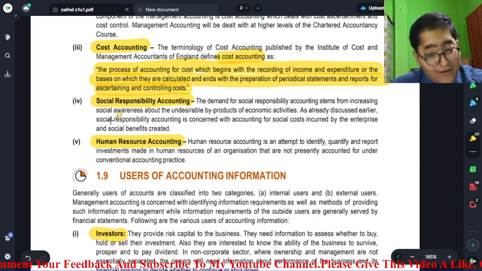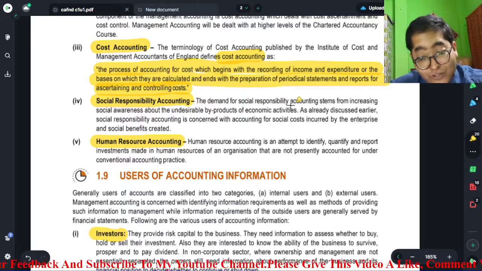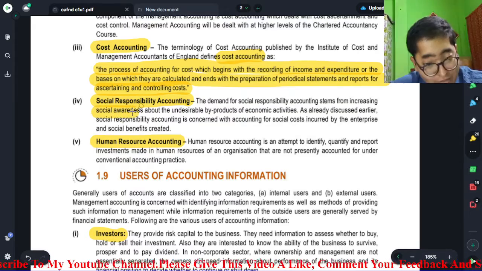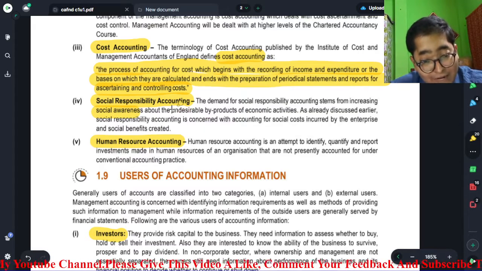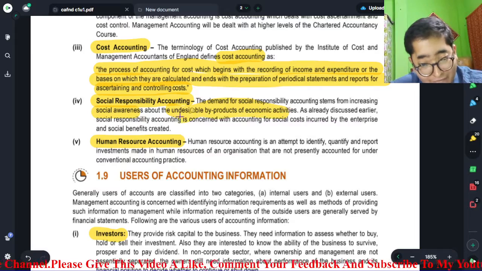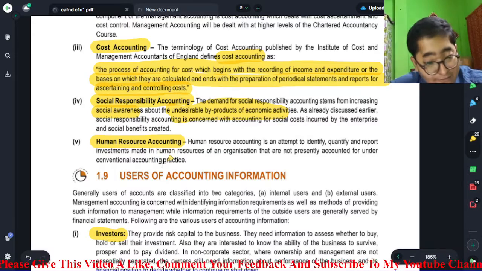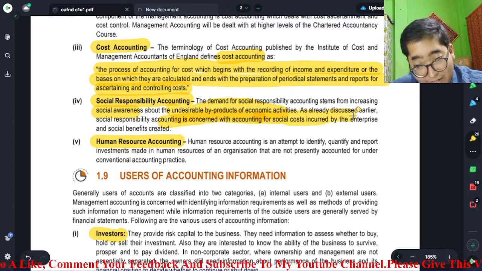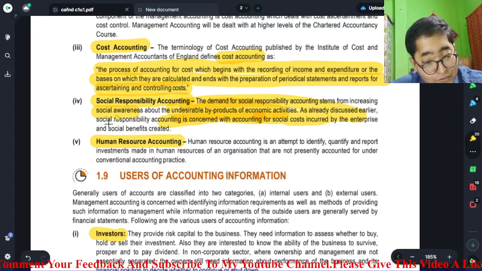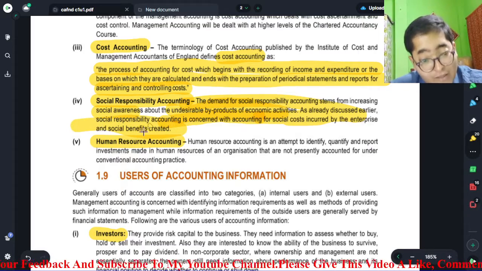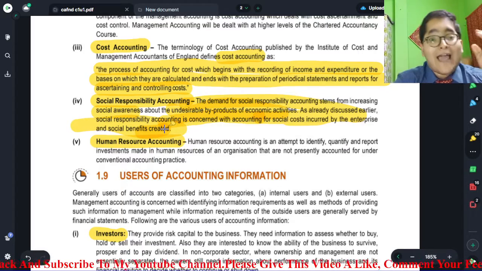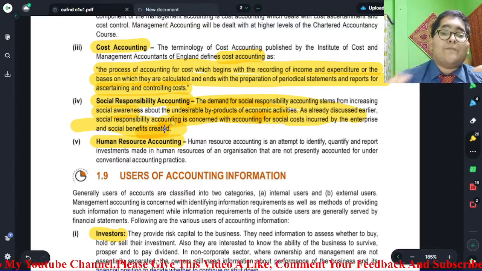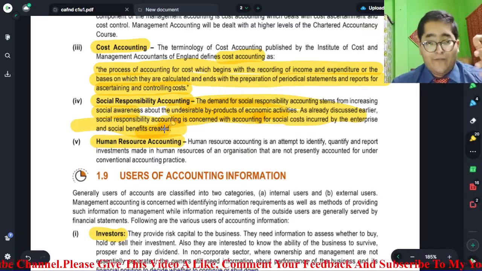Social responsibility accounting. The demand for social responsibility accounting stems from increasing social awareness about the undesirable byproducts of economic activities. As already discussed, social responsibility accounting is concerned with accounting for social costs incurred by the enterprise and the social benefits created. For example, Reliance Industries Limited is manufacturing petrol from petroleum.